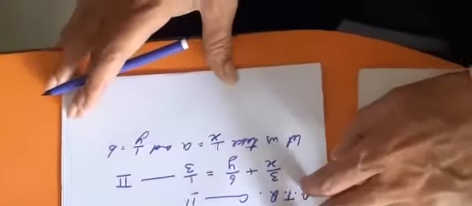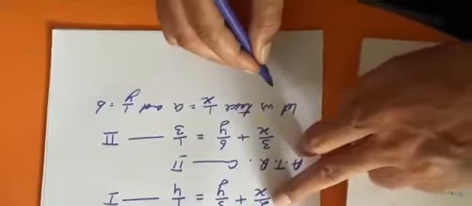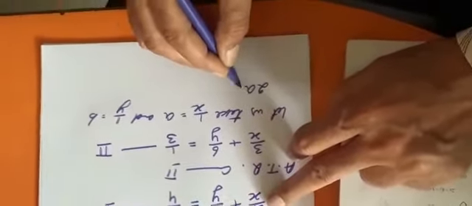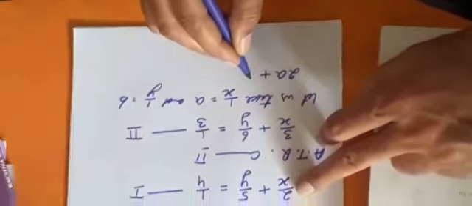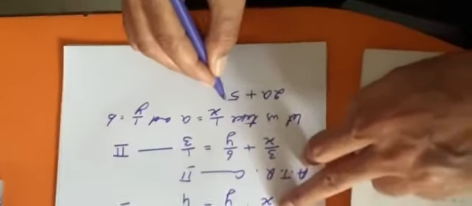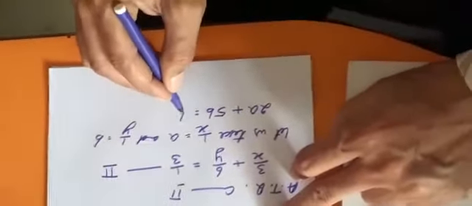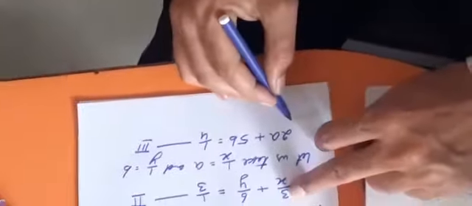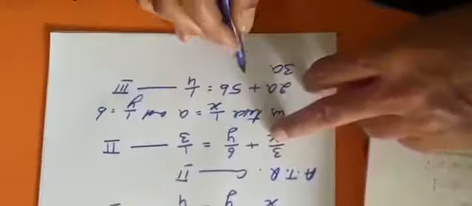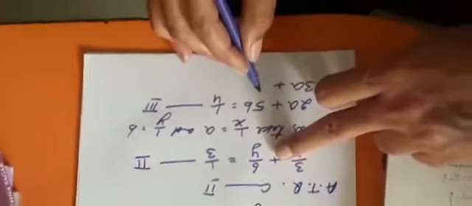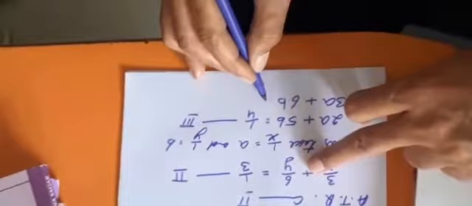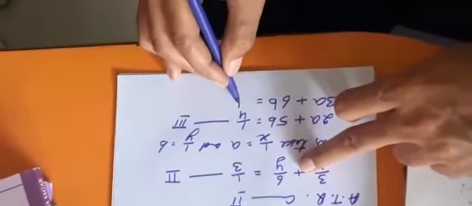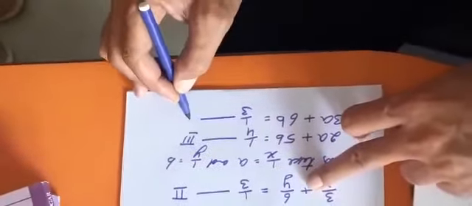So this becomes 2a plus 5b is equal to 1 upon 4, equation number 3, and 3a plus 6b is equal to 1 upon 3. This is your equation number 4.